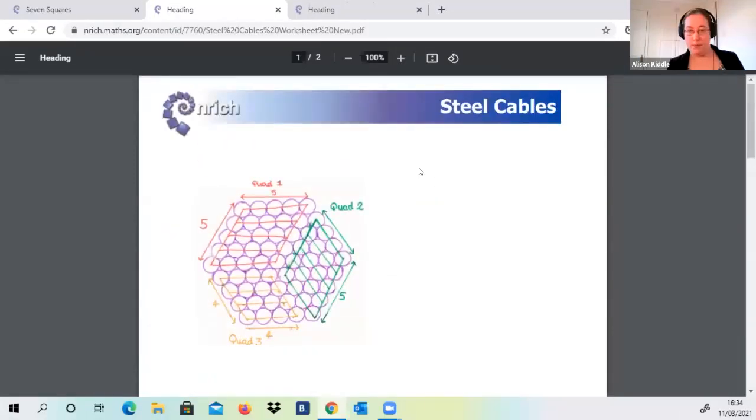So I think what might be nice to do is to go through these methods and talk about the conversations that might happen in the classroom and where the patterns and sequences idea is coming out in this.